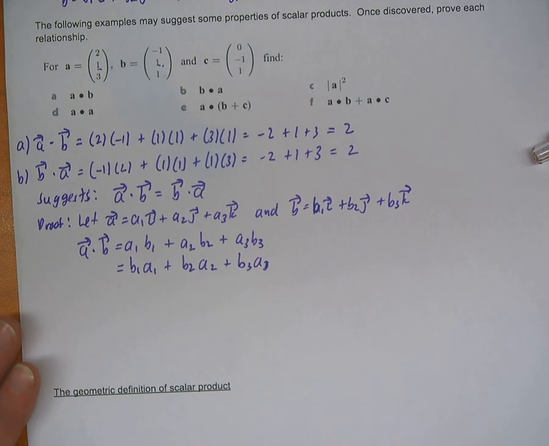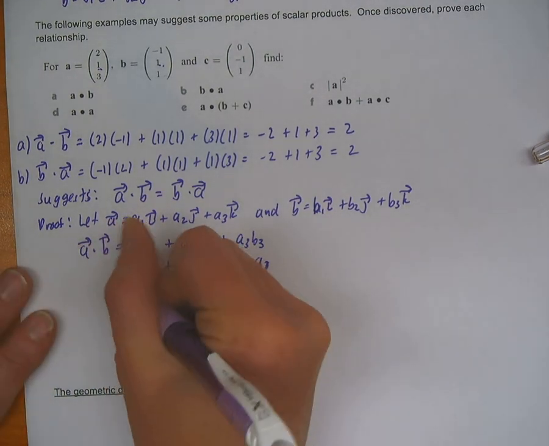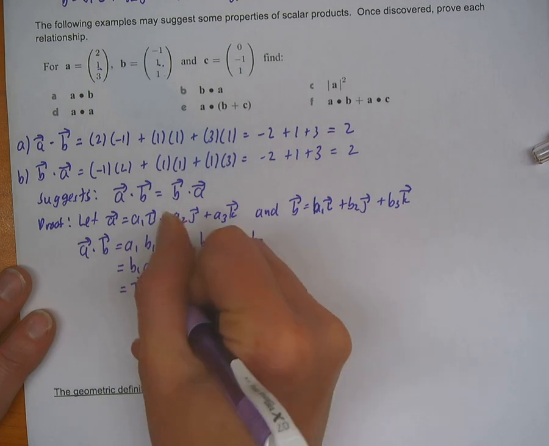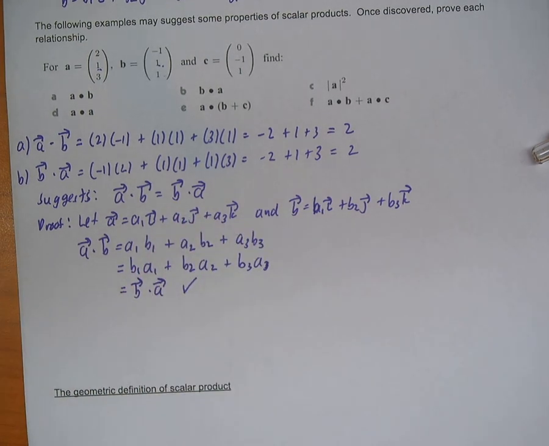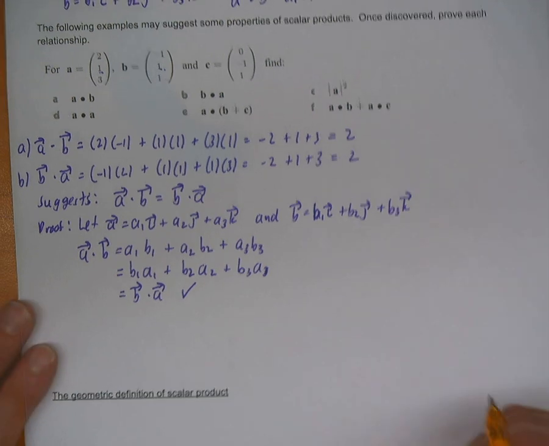And now what we have is B dot A, because the B's are first now. So yep, we proved that A dot B is the same as B dot A. Or in more formal words, the scalar product of A and B is equal to the scalar product of B and A.